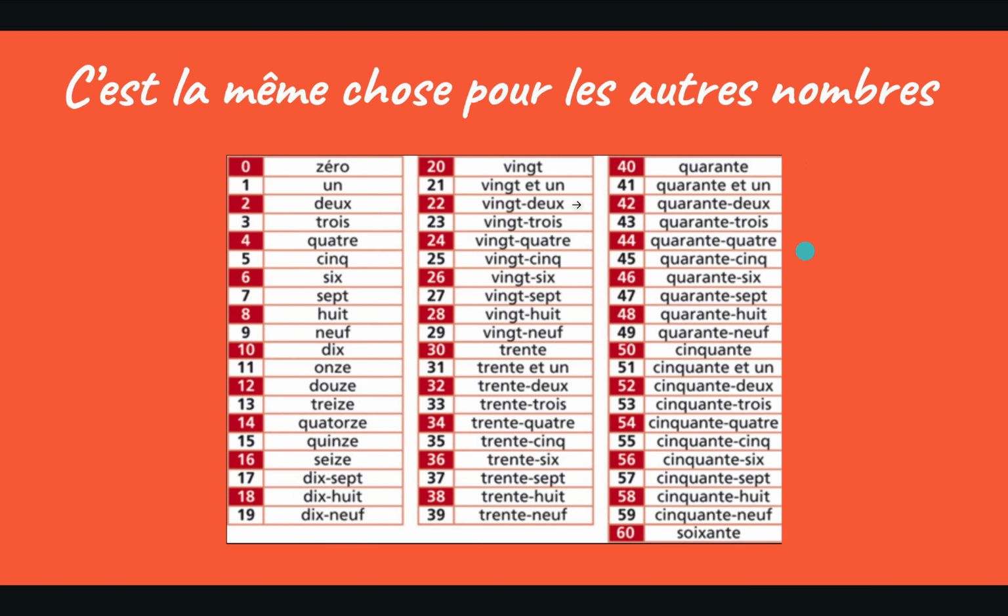For the others, as you can see, 22, 23, 24, 25, you just put a dash, which we call in French trait d'union. This little dash here, trait d'union. 25, 26, 27, 28, 29, 30. So I let you have a closer look on these numbers. Try to memorize some of them.